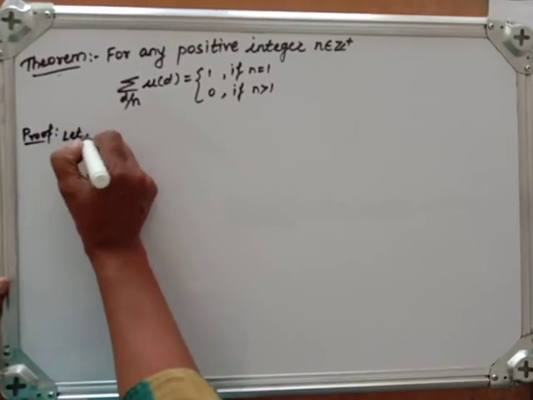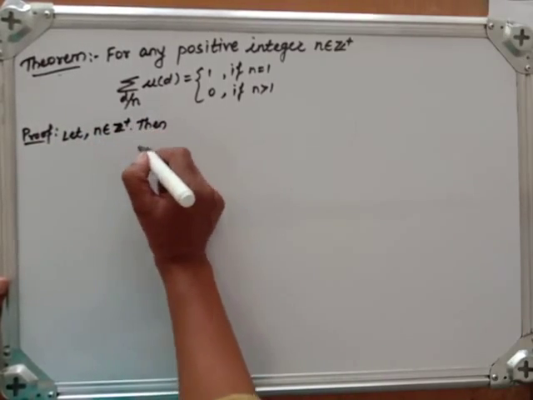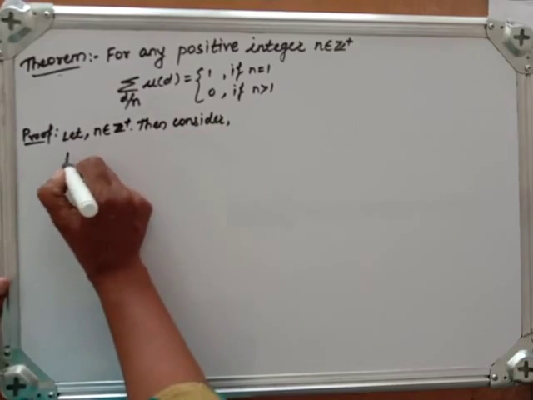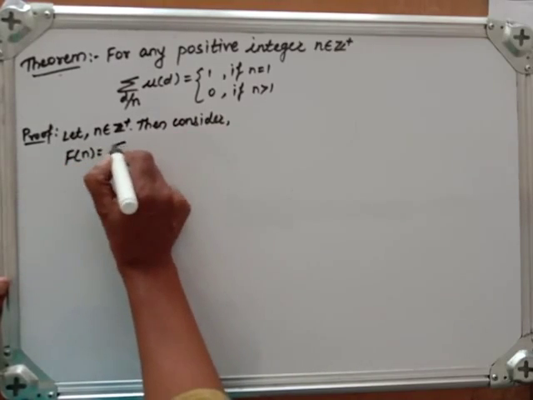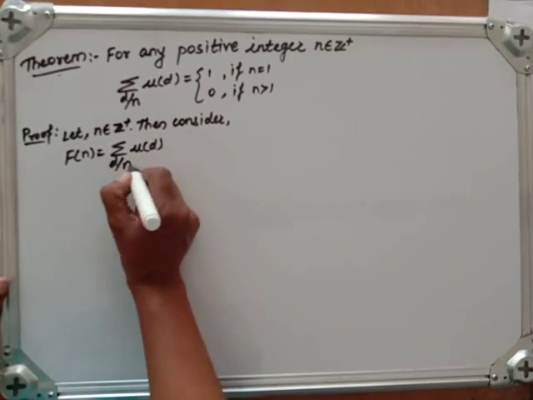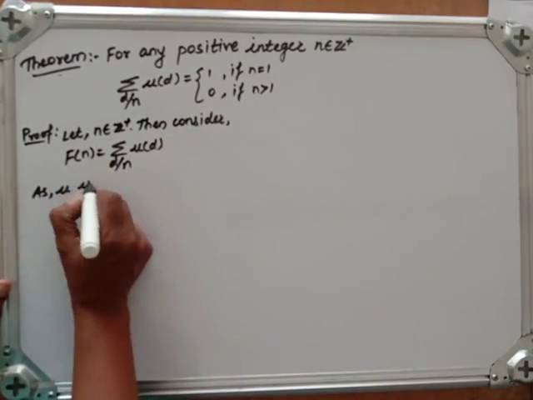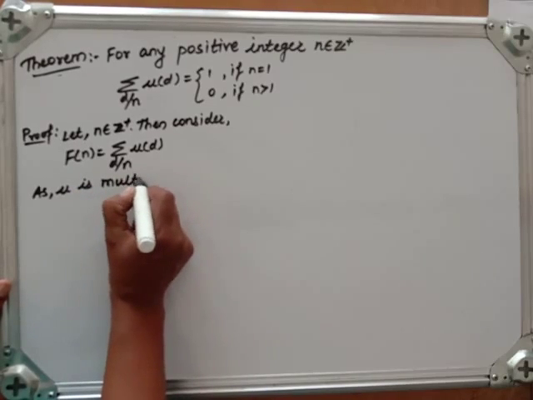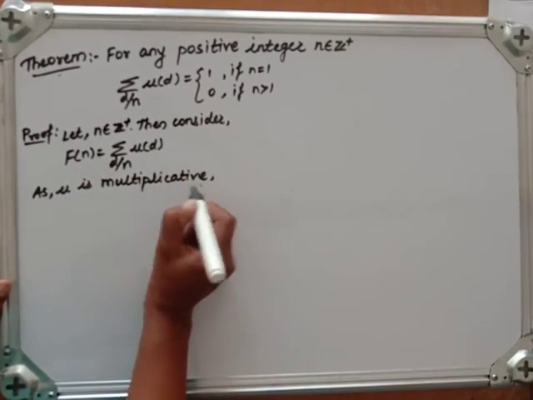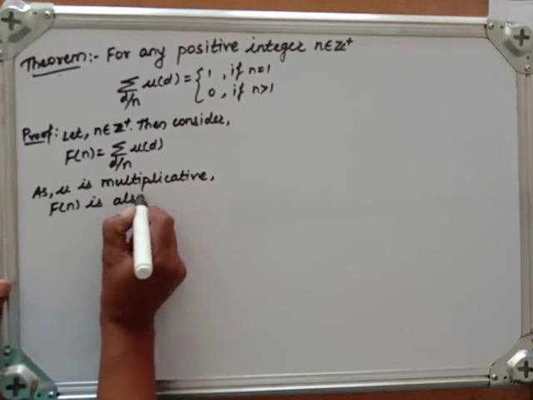Let n belong to Z plus. Consider capital F of n, that will be the summation of mu of d where d divides n. As mu is multiplicative, Fn is also multiplicative.